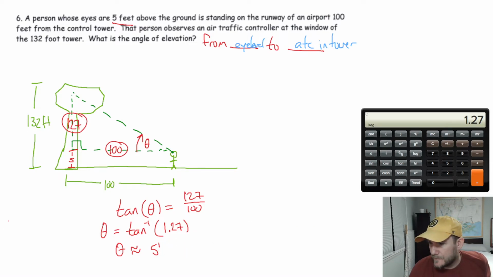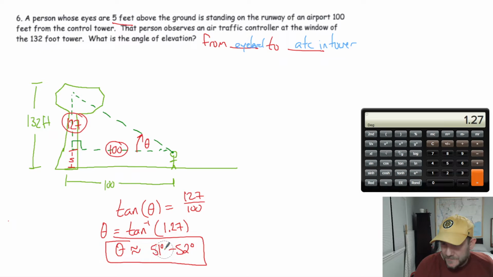So again, you'd write it like this. You'd give me the two angles and just indicate that it's somewhere between there. So what's the real deal? 51.78.